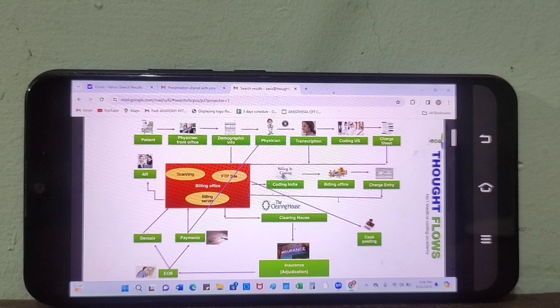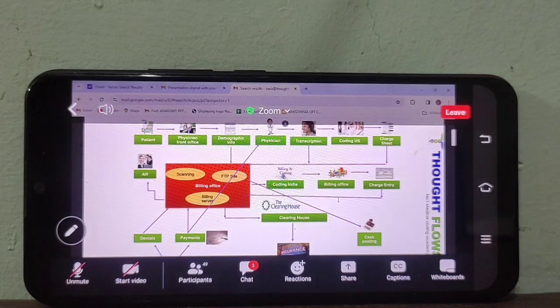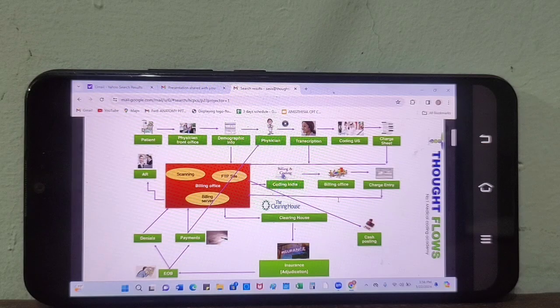If any errors are present, they deny the claim. Denial means rejecting the claim. If there is any CPT error, ICD error, missing insurance details, or the service is not covered under the policy, they reject the claims.